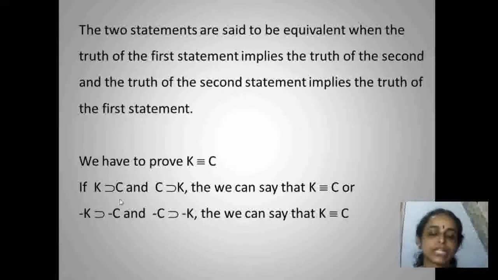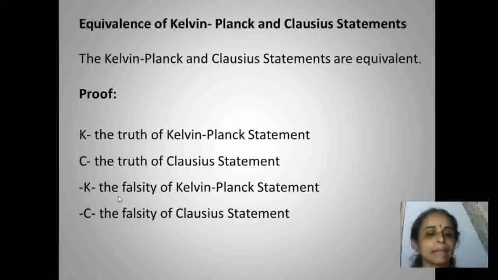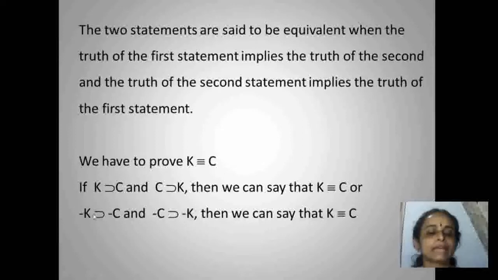For that we need to prove K implies C and C implies K, or minus K implies minus C and minus C implies minus K. Minus K is the falsity of the Kelvin-Planck statement, and minus C is the falsity of the Clausius statement. If the Kelvin-Planck statement is wrong or false, then the Clausius statement also should be false. If the Clausius statement is false, then the Kelvin-Planck statement should also be wrong.